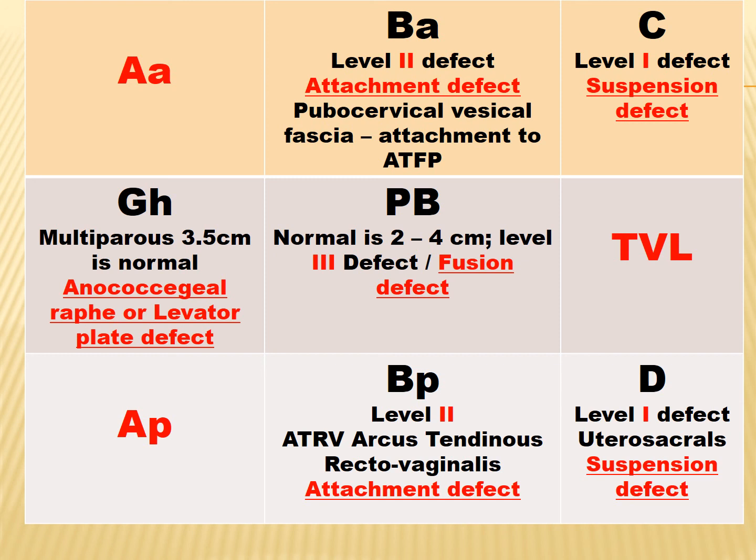In that way, the genital hiatus value gives an idea about it. Then perineal body. The normal measurement should be within 2 to 4 centimeters. If there is a deficient perineum, less than 2 to 4 centimeters, the defect is a level 3 defect. It is also called a fusion defect.